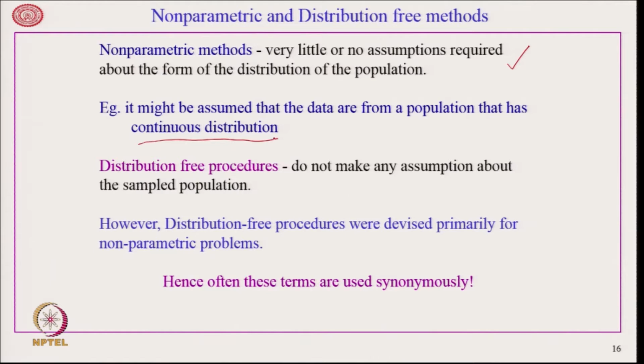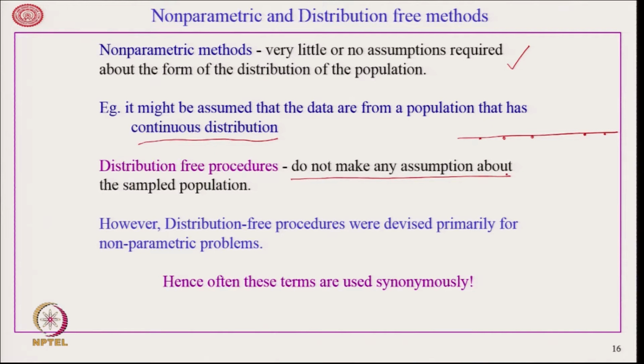What does it mean? That the sampling that we are taking, that is coming from a continuous set of data, but the samples that we have taken, as you can understand, they may be discrete. Distribution free properties do not make any assumption about the sampled population. So, absolutely no assumption is there. So, there is a subtle difference.